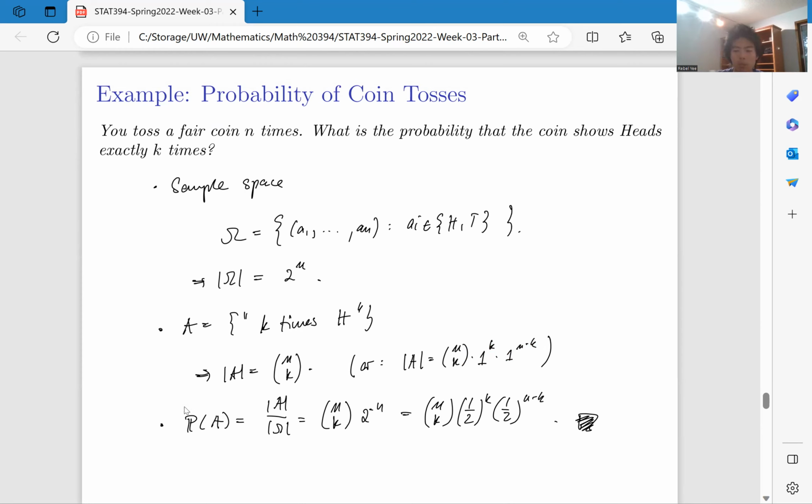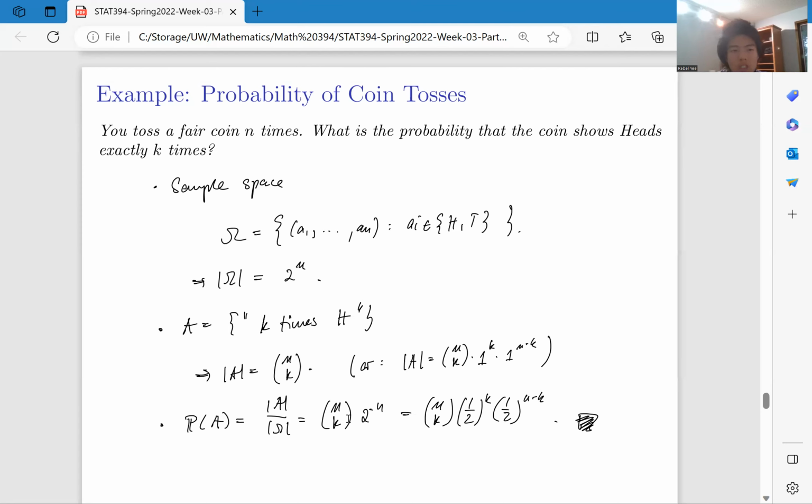For calculating the final probability, we just use the probability of A equal to the cardinality of A divided by the cardinality of omega, which is n choose k times 1 to the power of k times 1 to the power of n minus k, divided by the sample space cardinality, which is 2 to the power of n.